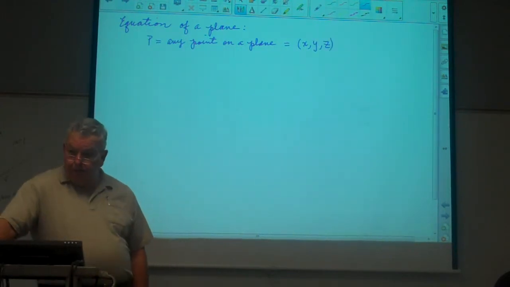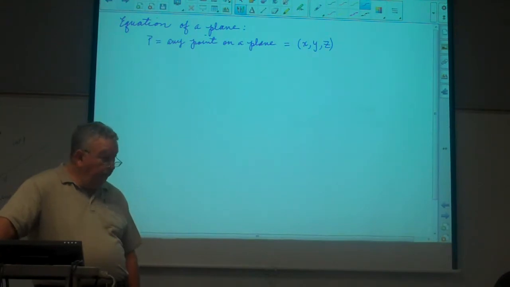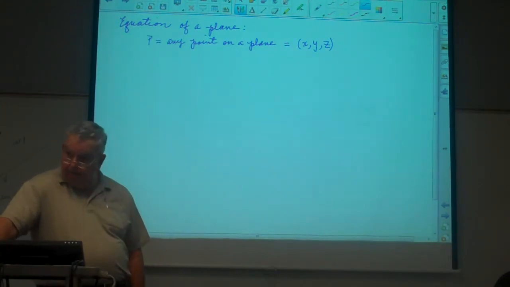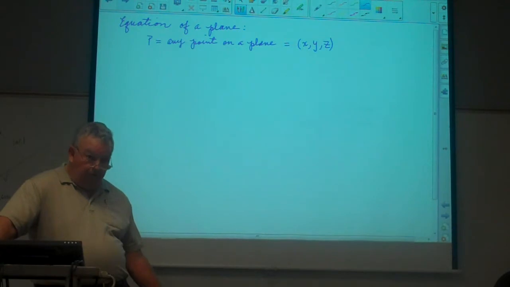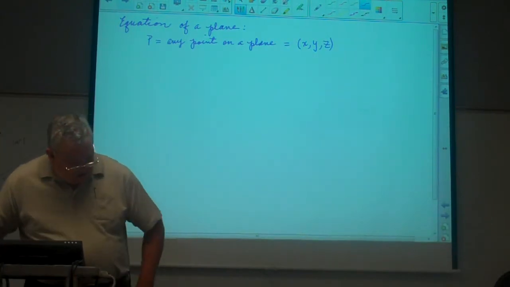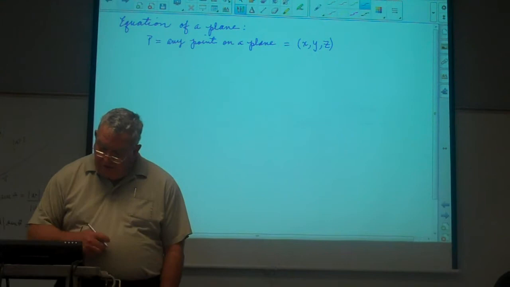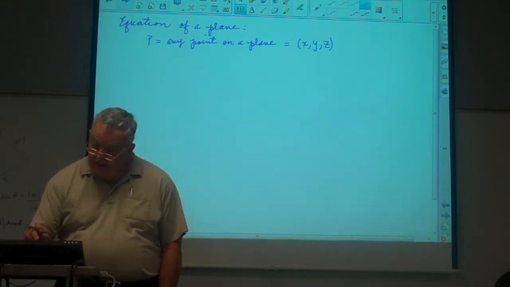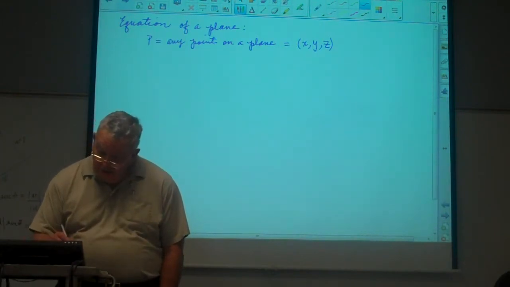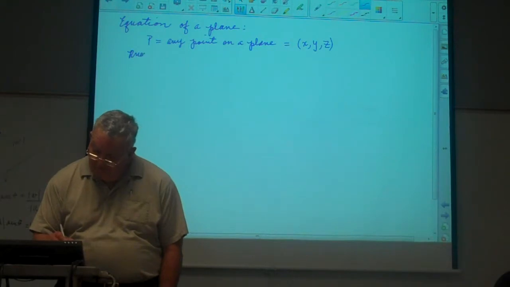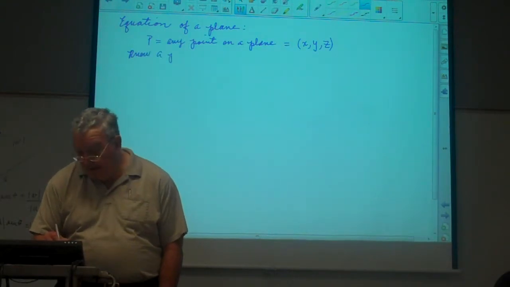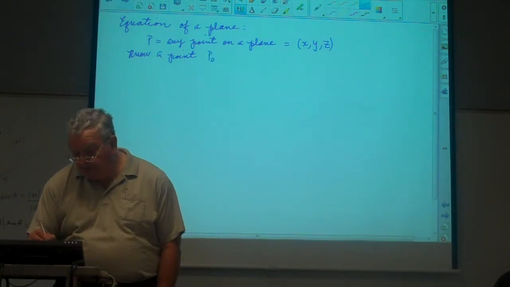Isn't a point in space determined by 3 coordinates, x, y, and z? So a point on a given plane would have to have x, y, and z in it also, right? And suppose I know a point P naught.